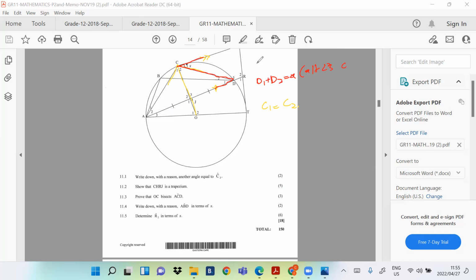CH is parallel to JR. So this is X. And then C2, what is C2? This was 90. C2 is 90 minus X. C2 plus C3 is 90 degrees because the tangent is perpendicular to the radius, but C3 is X. That means C2 is 90 minus X. Then we need to get C1.